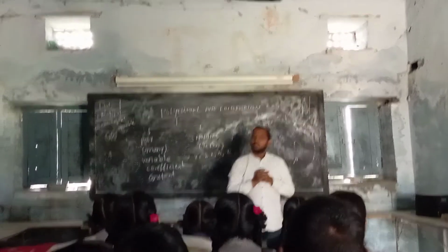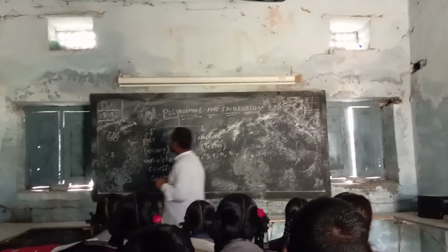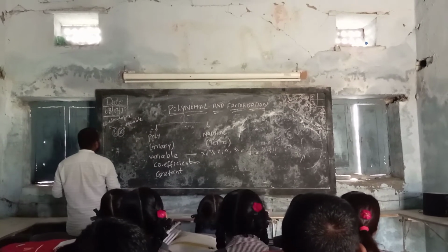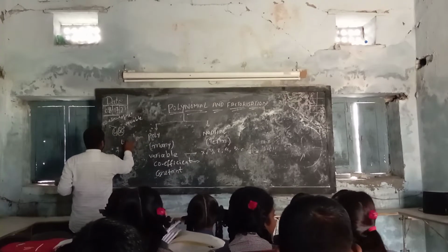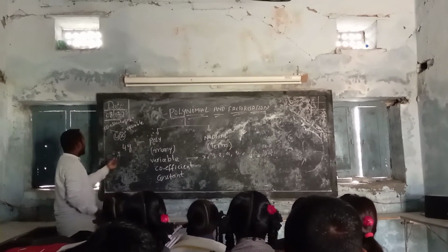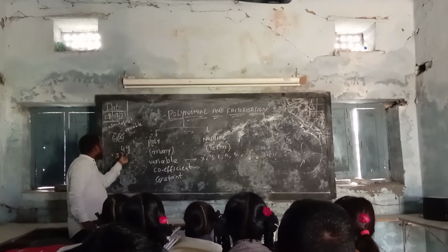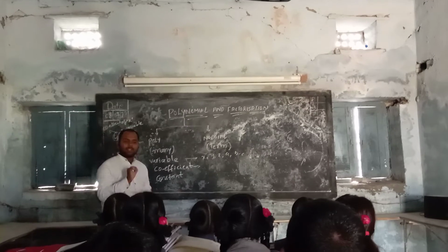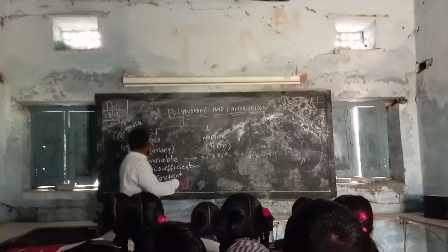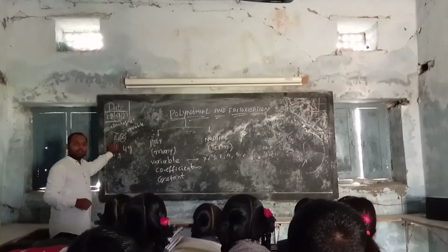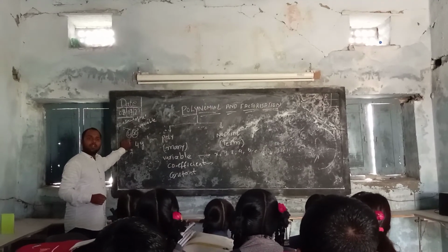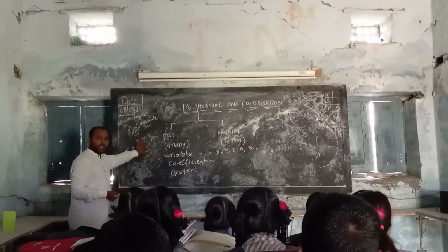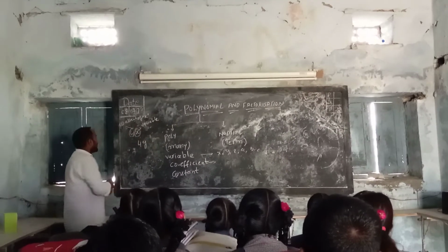Understood? Very good. Similarly, 4y means the coefficient of y is 4. If a question asks what is the coefficient of x, the number in front of x is 4, so you should say 4 is the coefficient of x. 4 is the coefficient of y. Here the variable is y, and here the variable is x.